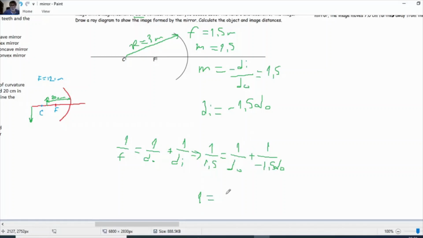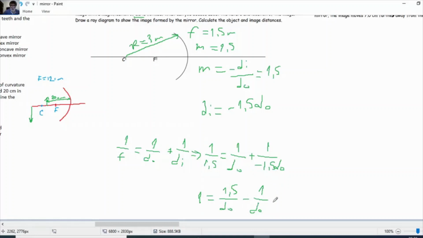Then if you multiply this one by 1.5, it will be 1.5 divided by the object, and here we have a minus. If you multiply this one also by 1.5, we are going to get 1 over the object.